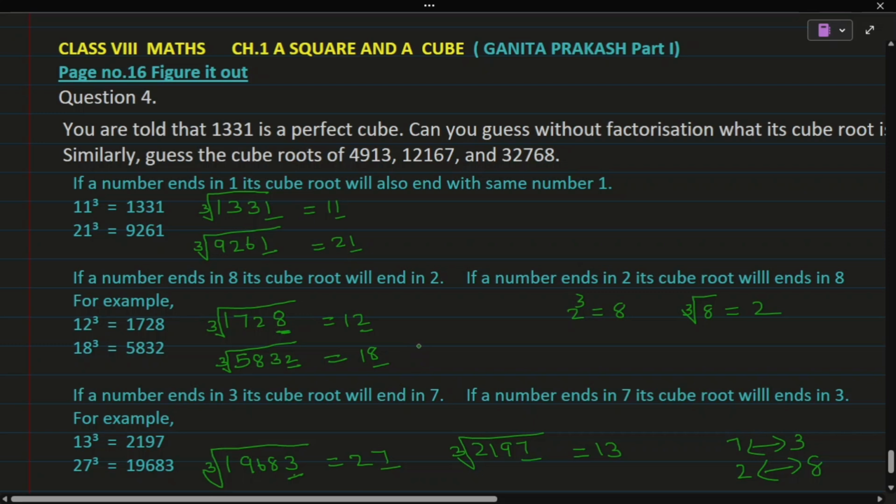So now we will do the answering. Let us take the first number. You are told that 1331 is a perfect cube.